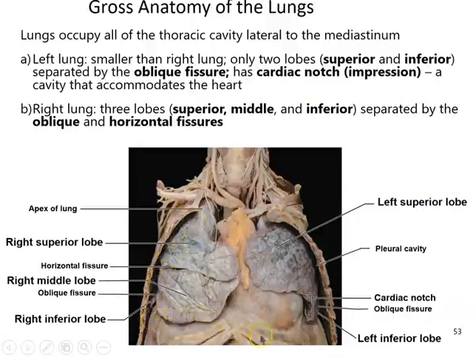And so what you'd be able to see here, the heart would be here inside the pericardium, and you'd have this cardiac notch, which is a place where the lung just isn't going to prevent the heart from expanding, I guess you could say. And then the lobes are separated by fissures. So you have 3 separate lobes over here, 2 lobes over here, and they're separated by fissures.